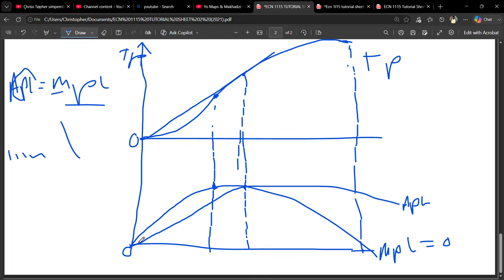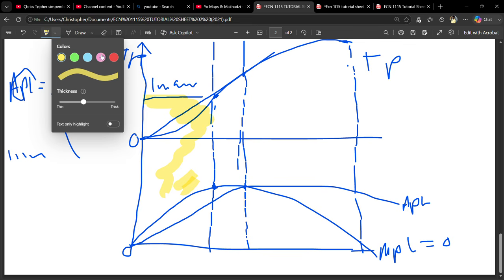As we are increasing at first here, that's why I put these lines that are here. So all this part, let me even change the color. This yellow part is what we're calling increasing returns. At this point, you find that the returns are coming out exponentially, so they are called increasing returns.